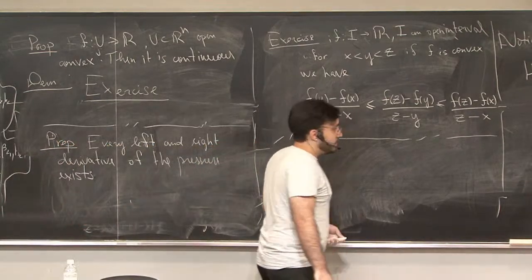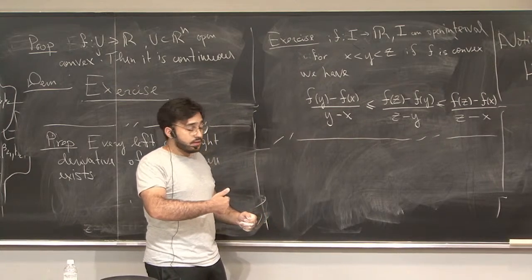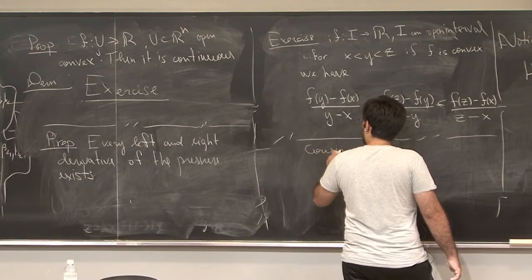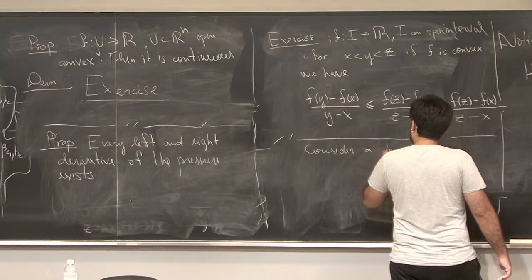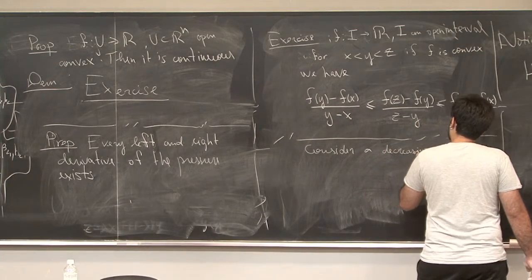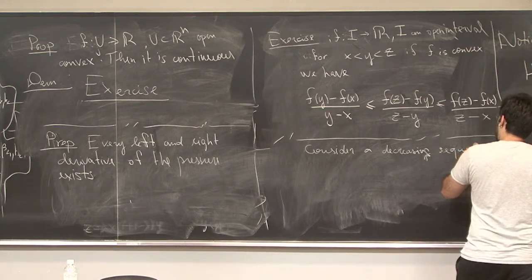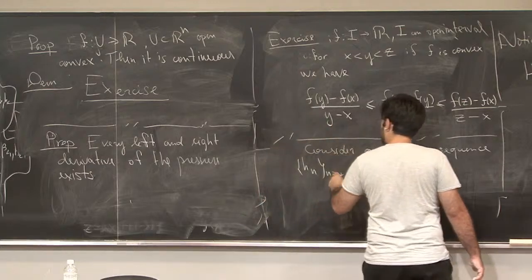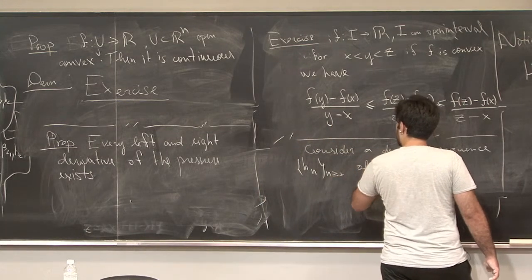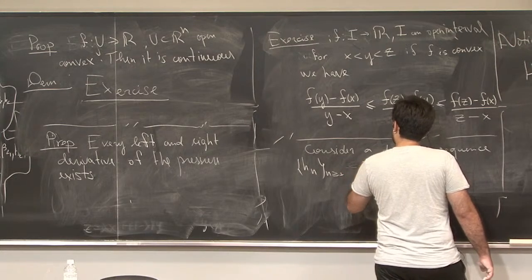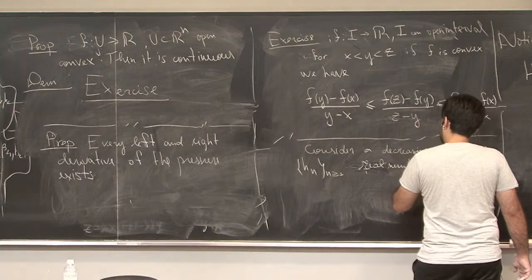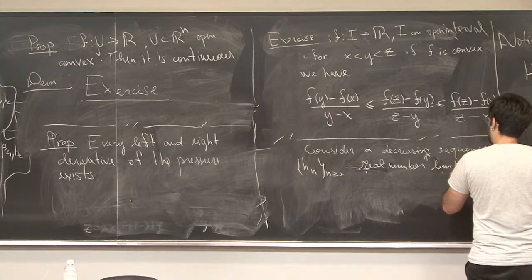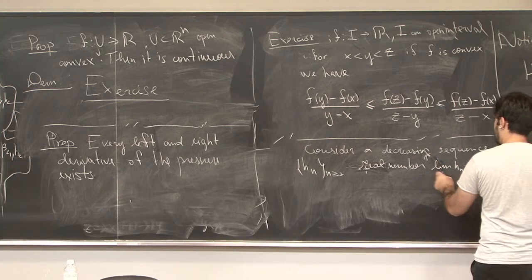To show the existence of the right side derivative, I will consider a decreasing sequence h_n of real numbers, that are converging to zero. So the limit of h_n is equal to zero.